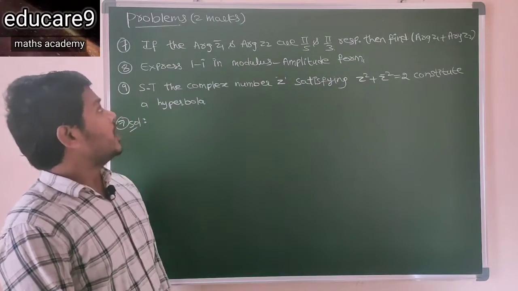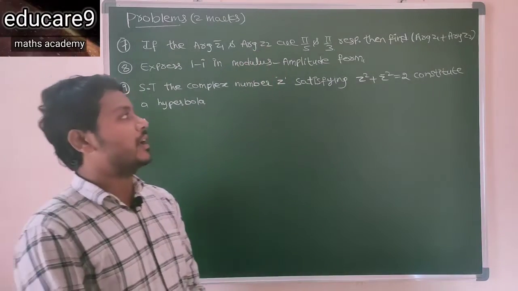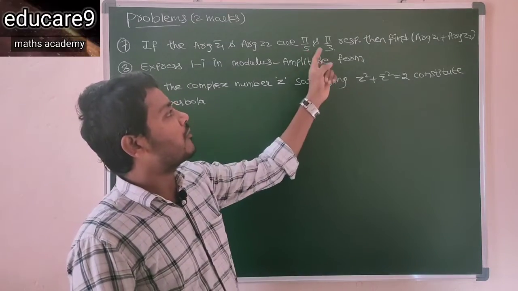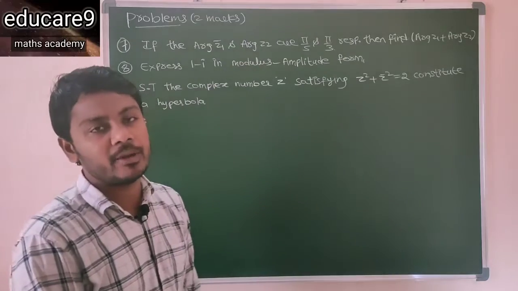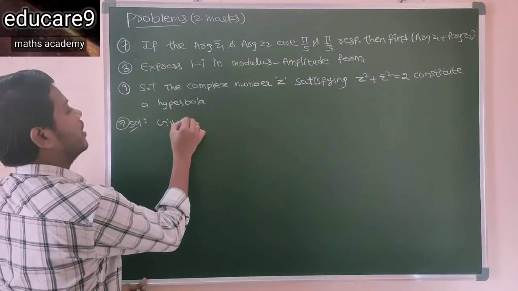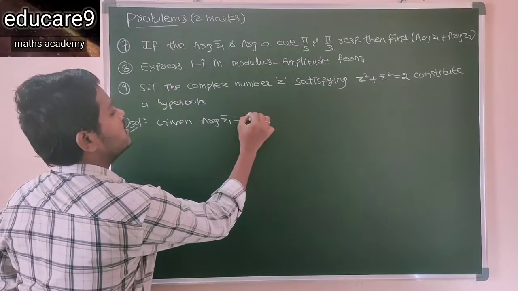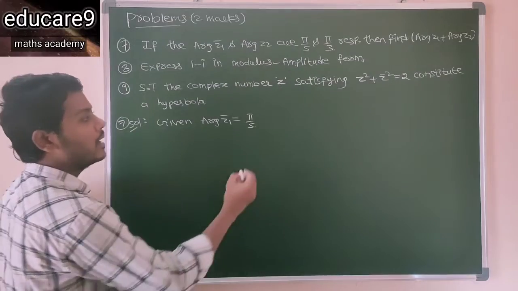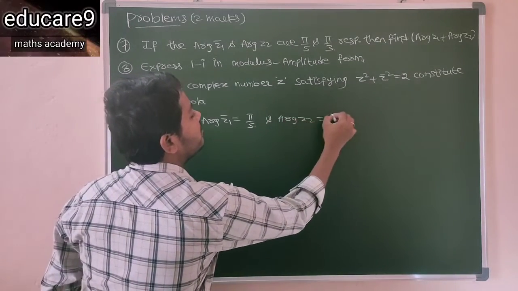So see the next one. If the argument of z1 bar and the argument of z2 are given, that are pi by 5 and pi by 3, then find argument of z1 plus argument of z2. So here given, argument of z1 bar is pi by 5 and the argument of z2 is pi by 3.